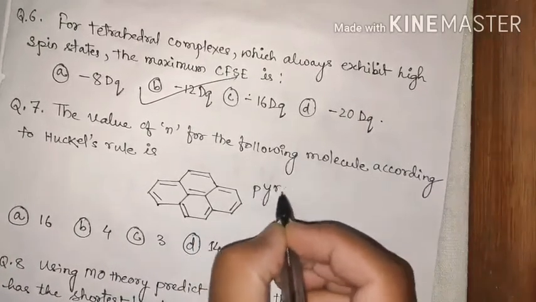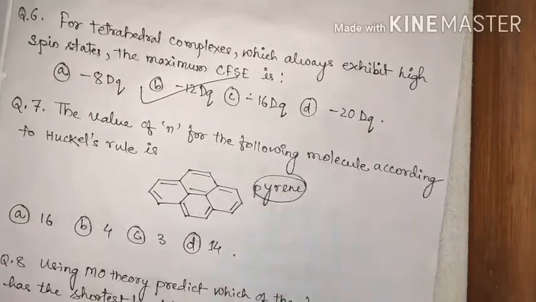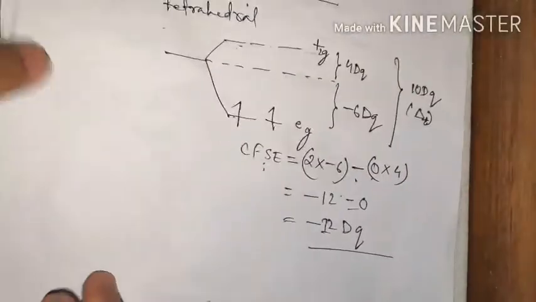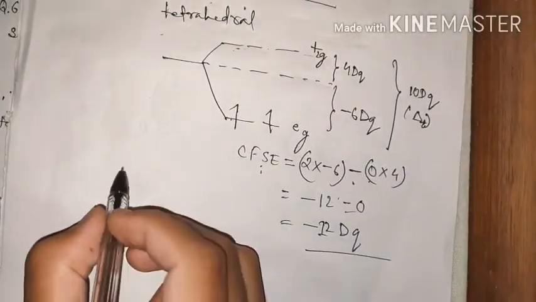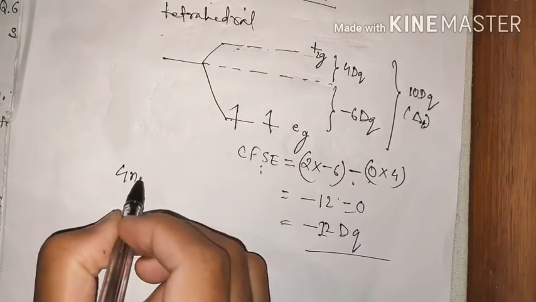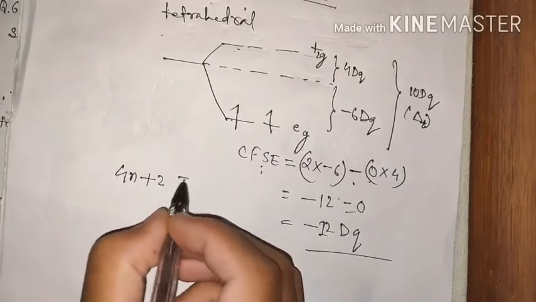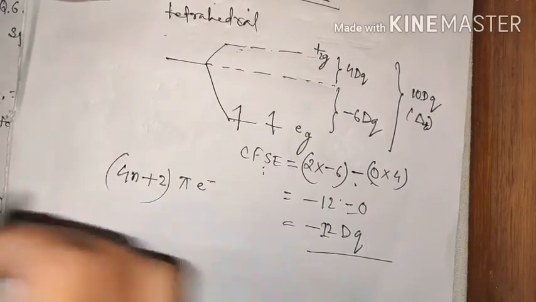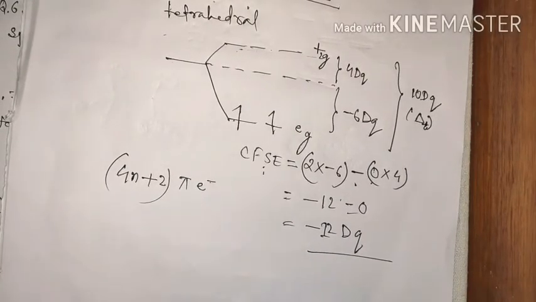This is a very special compound because in Huckel rule, for aromatic, the compound should have 4n plus 2 pi electrons. This is the formula if the compound is aromatic.